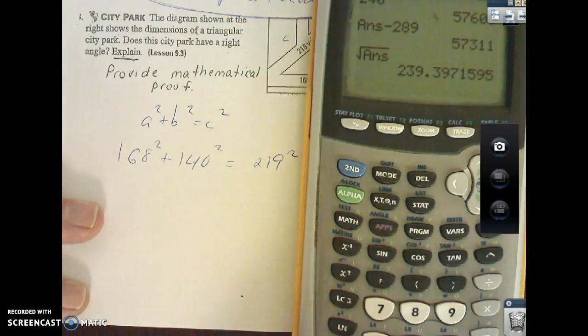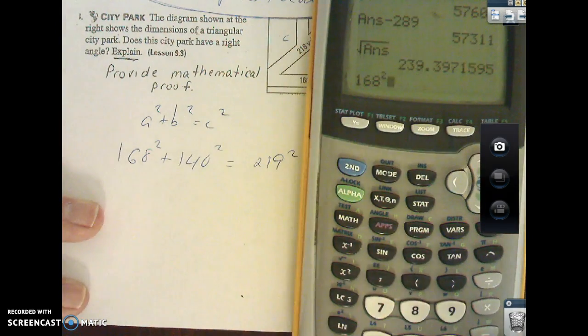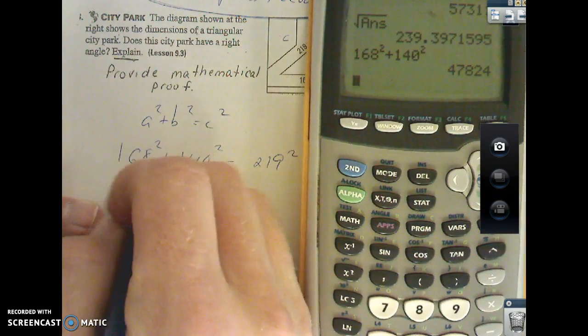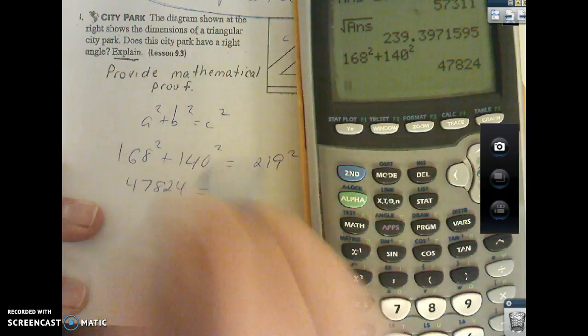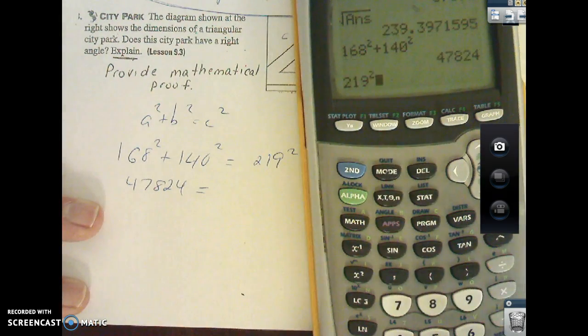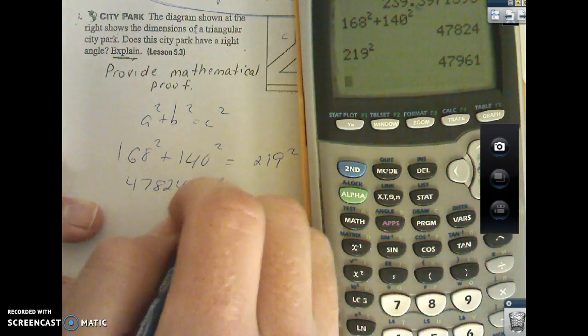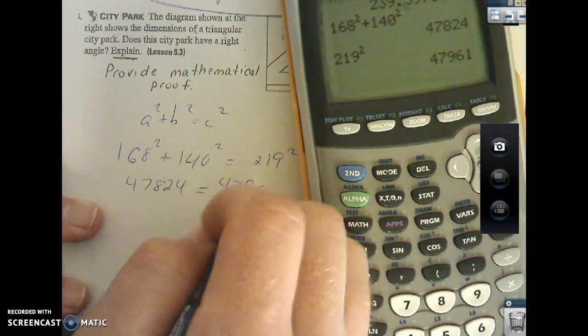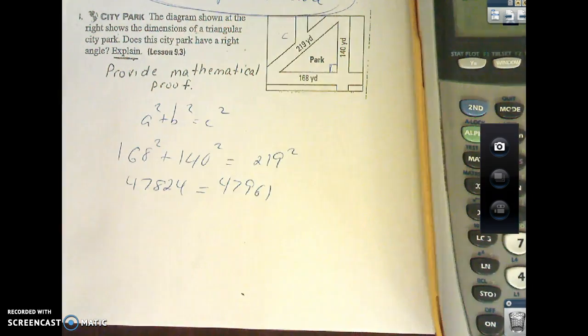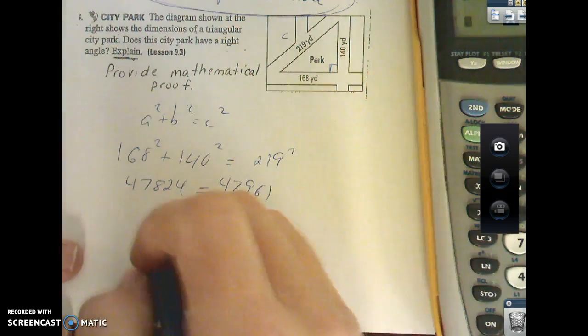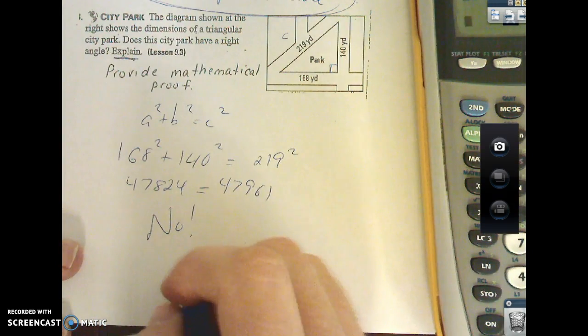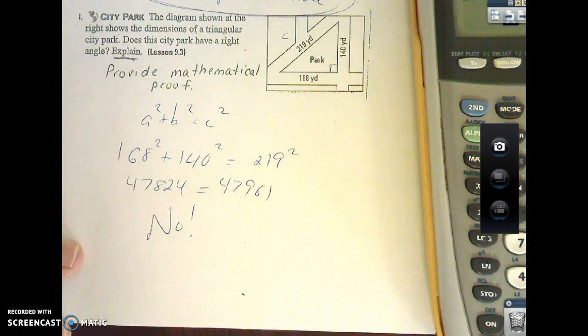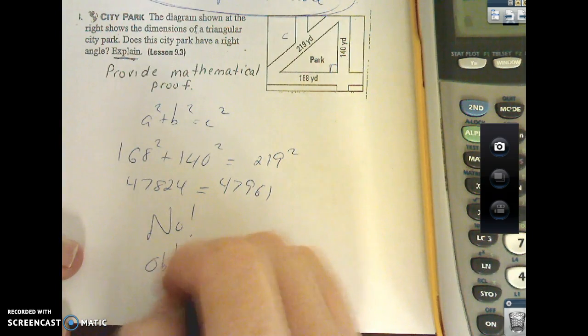This is completely calculator work. 47,824. And then over here, 47,961. Do they equal each other? No. In fact, this is an obtuse angle.